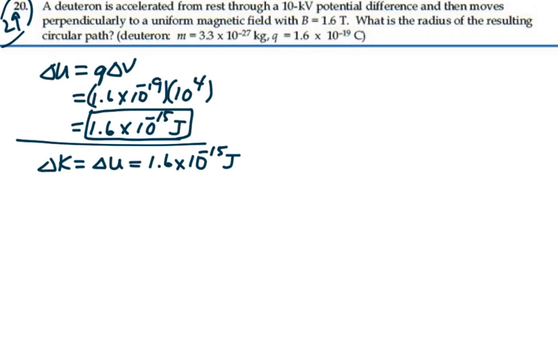Well, the change in kinetic energy is the final kinetic energy minus the initial, which is 0. So this is going to equal 1/2 mass times our final velocity squared.